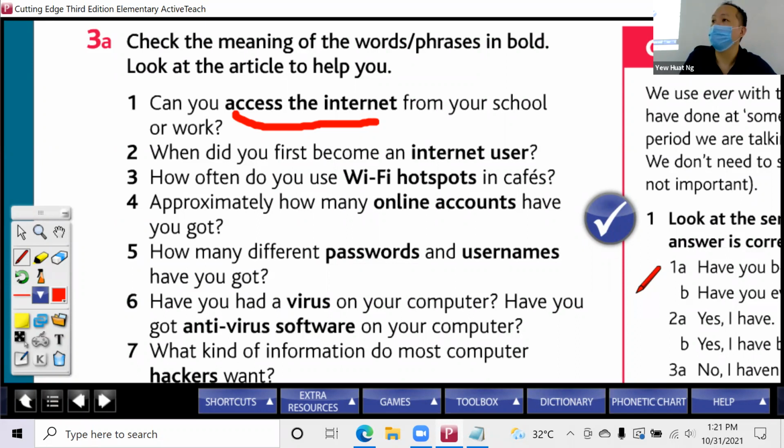Can you accept? Now, look, all these phrases are useful. We actually use it. This is real English. This is not book English. I will say, oh, I'm sorry, I cannot access the internet. Can I say, excuse me, can I use your internet?